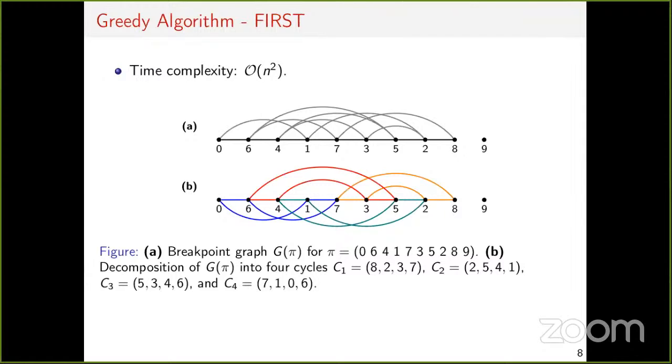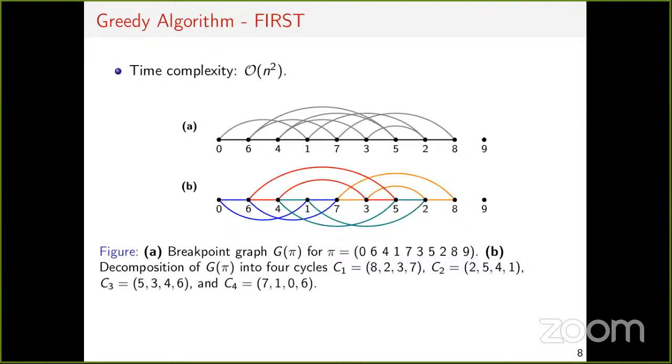The first greedy algorithm is the variation first, which has time complexity O of n squared, and the vertex chosen to find the minimum cycle is the leftmost vertex that still has any incident edge left.